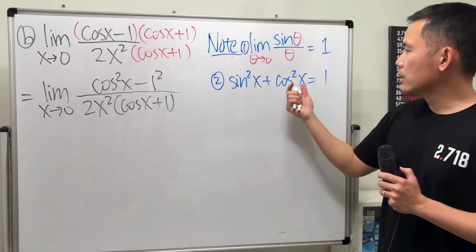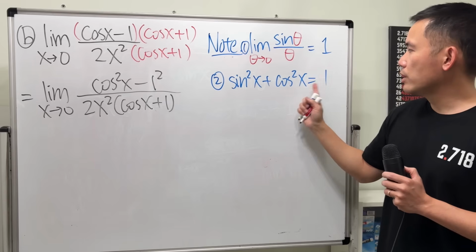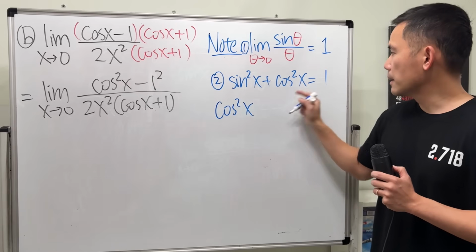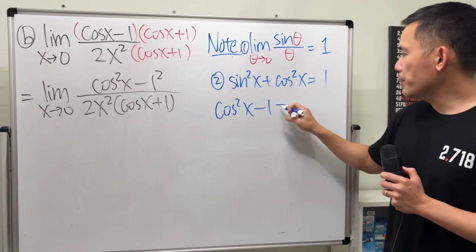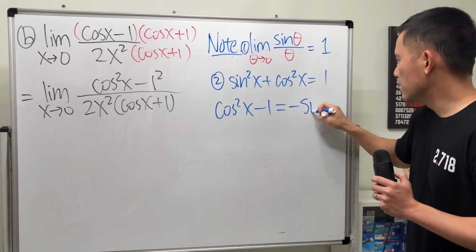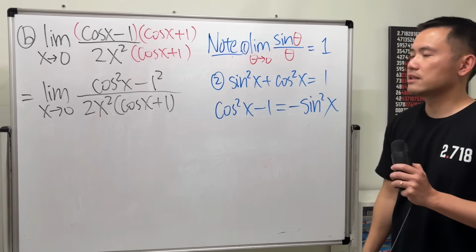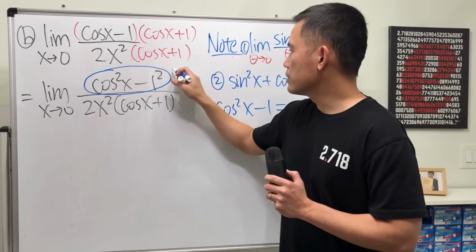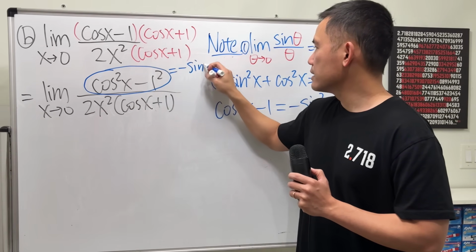Now I want to have cosine square minus 1, so I will bring this to the other side. We have cosine square x minus 1 equal to negative sine square x. So the top right here is just equal to negative sine square x.